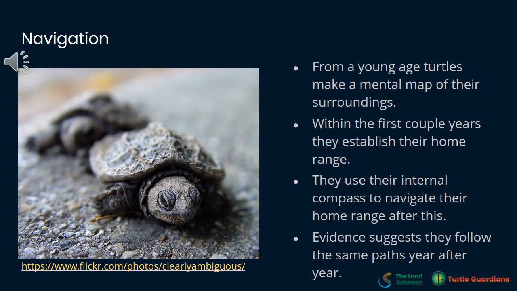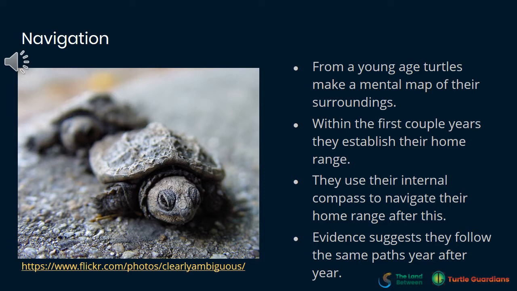The other behavior that's important and relevant for us to understand would be how turtles navigate. So from a very young age, within hours after hatchlings hatch out of their eggs and exit their nests, they will start to make a mental map, so a picture inside their minds of all their surroundings. They continue to make this mental map for the first couple of years as they establish their home range.